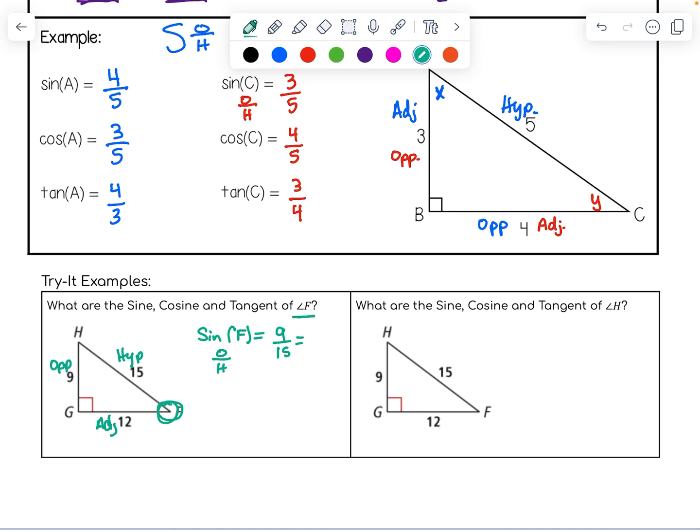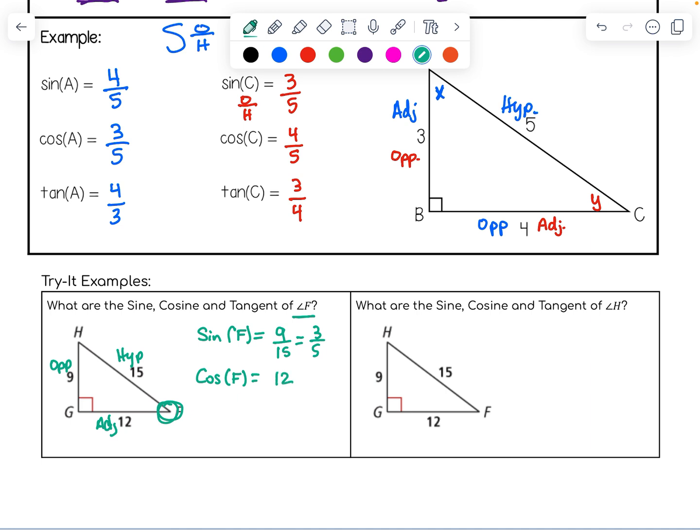And then you should probably simplify that. 9 over 15 would be 3/5. Okay. I'm going to run out of room, so I'm going to get rid of that. Okay. Cosine of F. Well, the cosine of F is adjacent over hypotenuse.